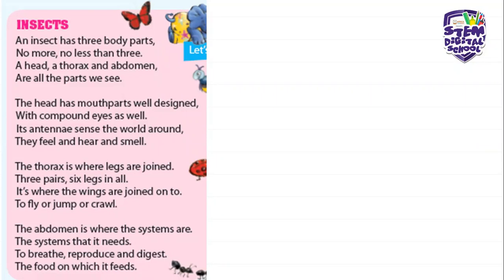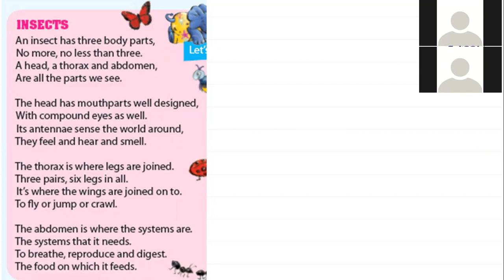They feel and hear and smell. The thorax is where the legs are joined, 3 parts, 6 legs in all. It's where the wings are joined onto, to fly or jump or crawl. The antenna is where the systems are, the systems that it needs to breathe, reproduce, and digest.